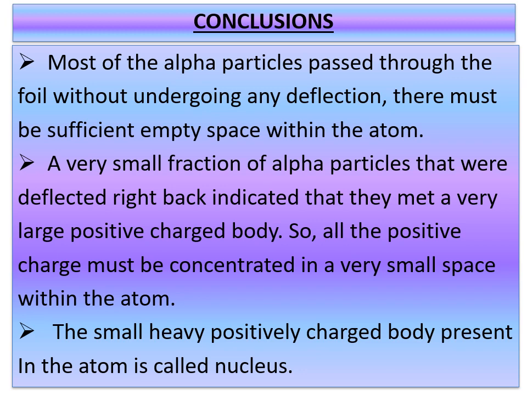I have shown a single atom. Imagine that. So all the positive charge must be concentrated in a very small space within the atom. The small heavy positively charged body present in the atom is named the nucleus.